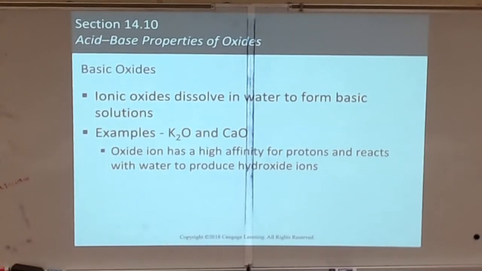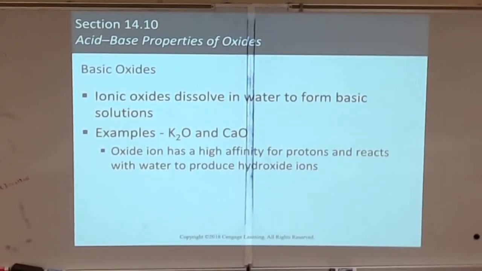Okay, see, ionic oxides dissolve in water to form basic solutions because the oxide ion has a high affinity for protons. So calcium oxide, if it dissolves in water, the calcium's just going to do its thing, but the oxide is going to snag up those hydrogen ions, become hydroxide and leave hydroxide. So those are going to produce hydroxide ions.